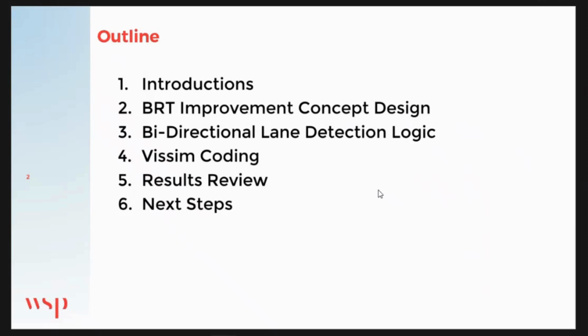Then we will show some details about Vissim coding. It's very simple, not very complicated, including coding and scripting. We will show you some simple tricks to do bi-directional bus lanes in Vissim. Then we will review results and next steps. All right, I hand over to Jian. Thank you, Patrick.